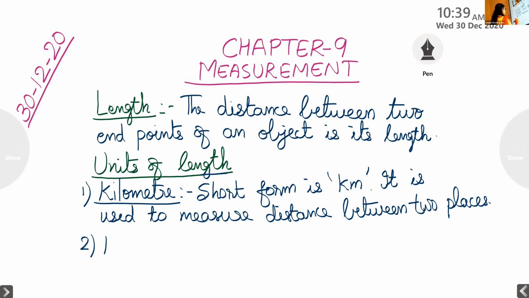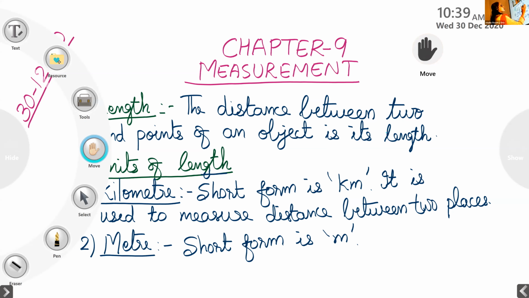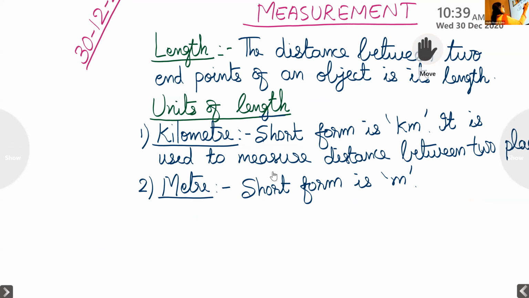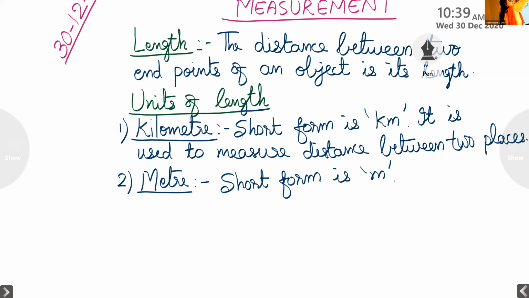Now, second one is meter. Short form is m. Third one is centimeter.